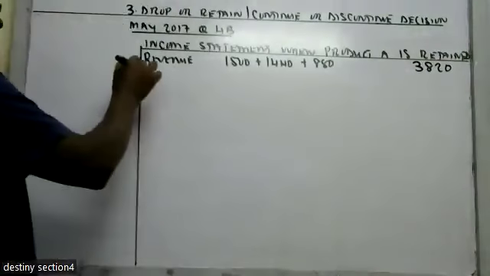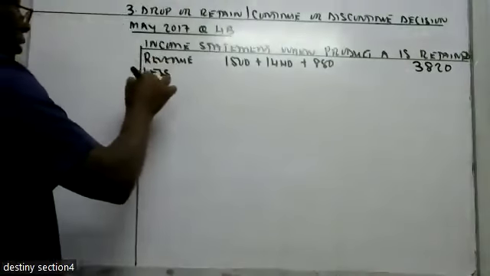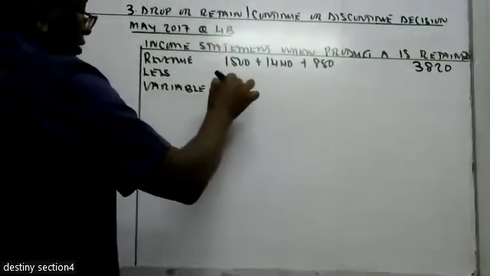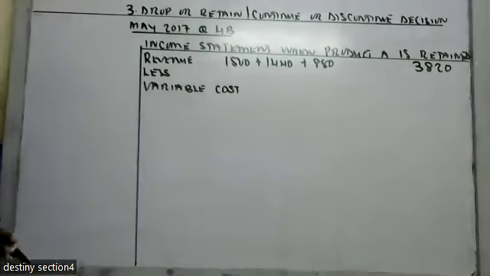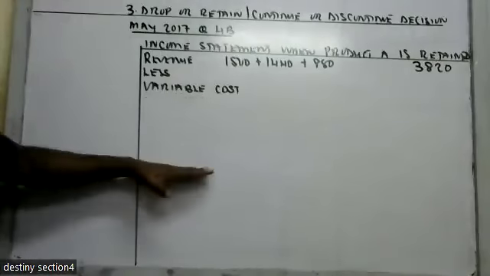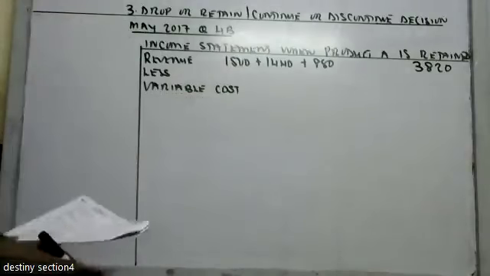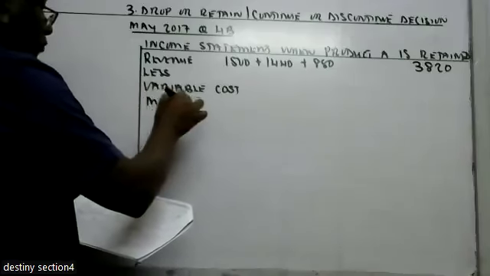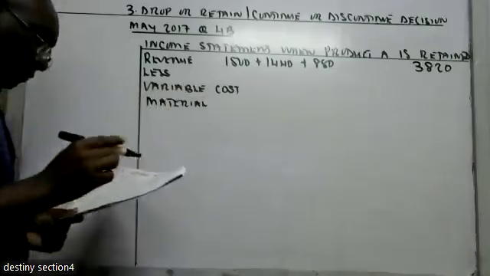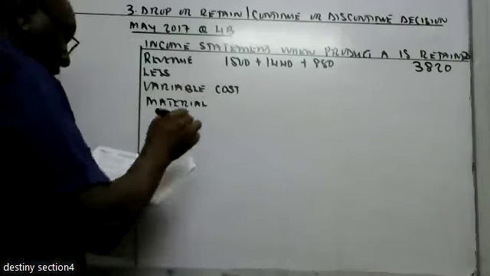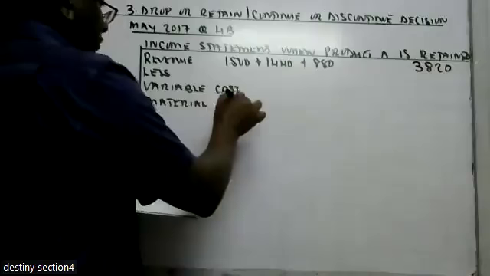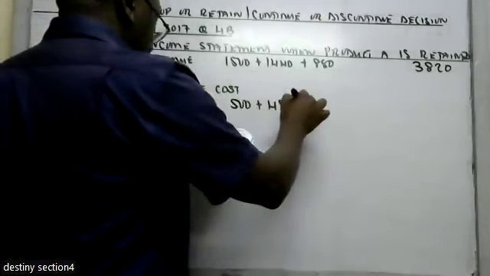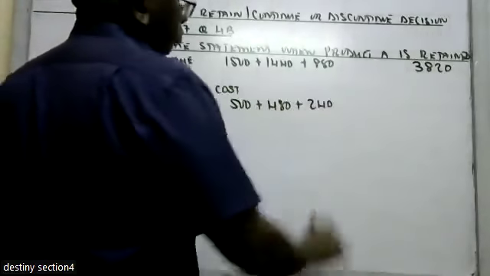Then you say less variable costs. Anytime you are in the world of decision making, you must be able to separate costs on a variable and a fixed. So if we start with the variable, there is material. Now material, we have the 500 for A, we have the 480 for B, and we have the 240.